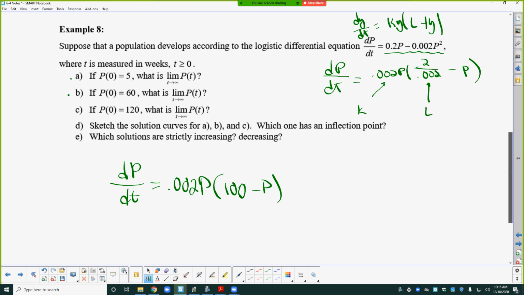So A, B, and C are, once I've done that, 0-minute questions. Because the limit is L. It does not matter what that starting population, that 0.5, 0.60, and 0.120 are. The limit is 100. In all cases, the limit is L.